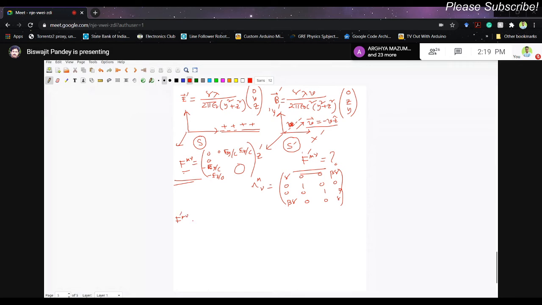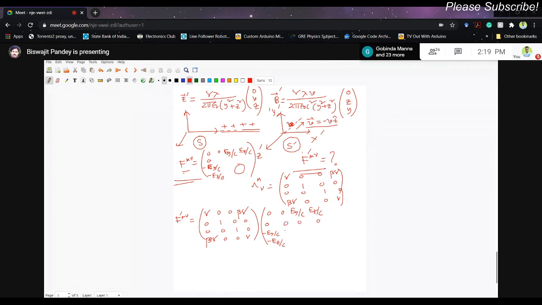That's a trivial exercise. You write down this gamma, 0, 0, beta gamma, then 0, 1, 0, 0, and then you write 0, 0, 1, 0, beta gamma, 0, 0, gamma, and then you have this matrix 0, 0, Ey by c, Ez by c, 0, minus Ey by c, minus Ez by c.